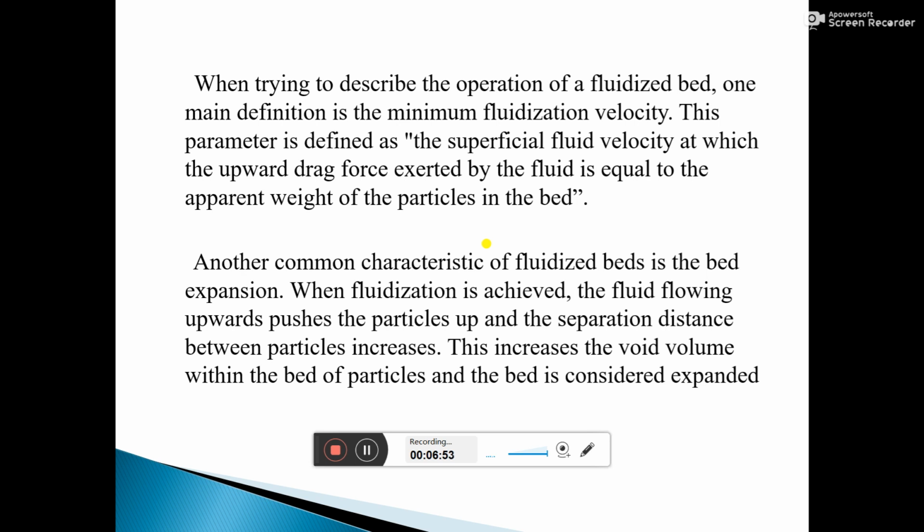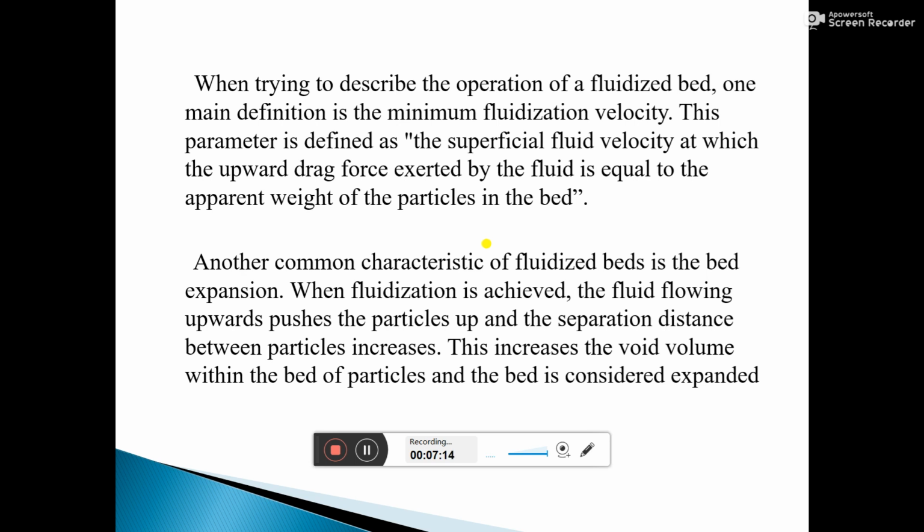When trying to describe the operation of a fluidized bed, one main definition is the minimum fluidization velocity. This parameter is defined as the superficial fluid velocity at which the upward drag force exerted by the fluid is equal to the apparent weight of the particles of the bed.